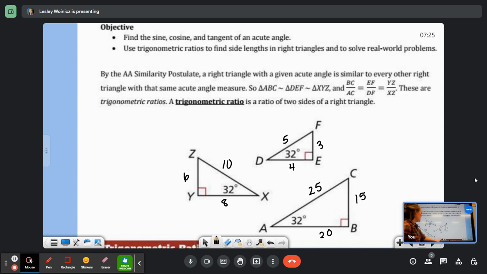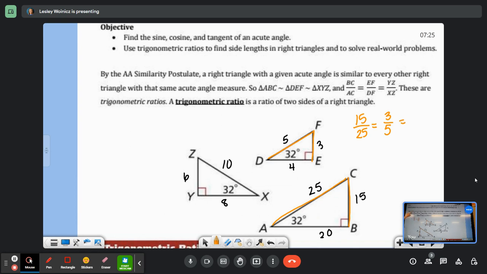If I take the ratio of BC to AC, that's 15 over 25. That should be equal to the ratio of EF over DF. So that's 3 over 5.